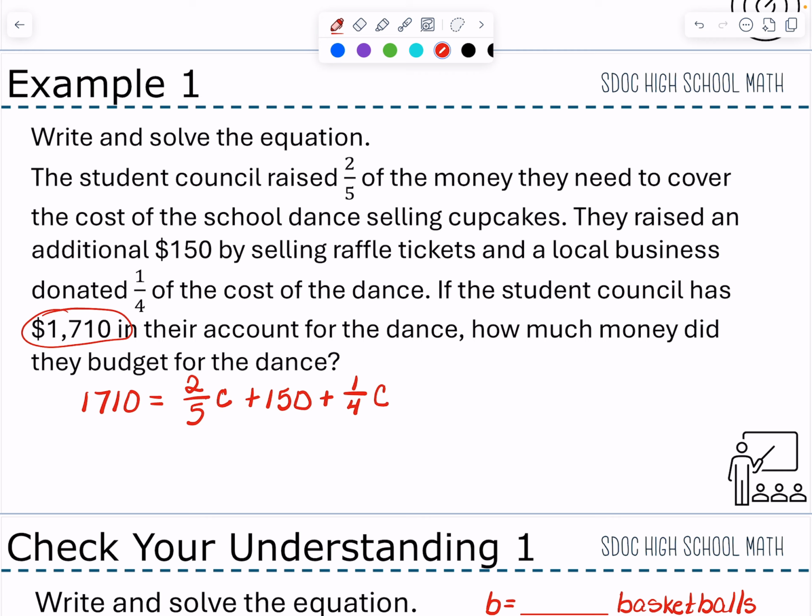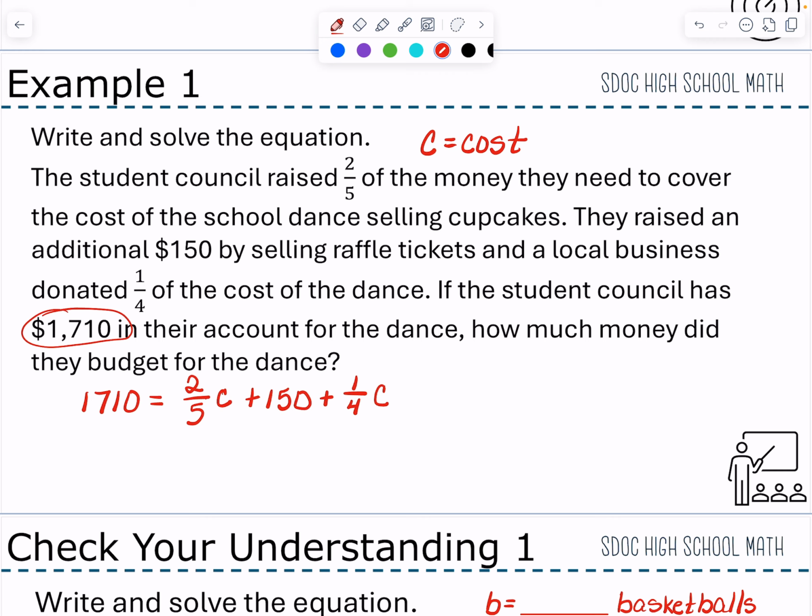So that's the cost. C stands for cost. So again, 2/5 of the cost came from the cupcakes, 1/4 of the cost came from a company, and the other 150, and that's not of the cost, that's just $150 that they have from raffle tickets.